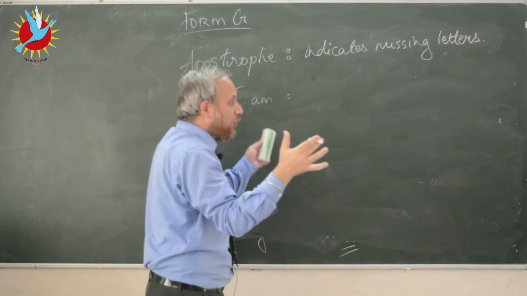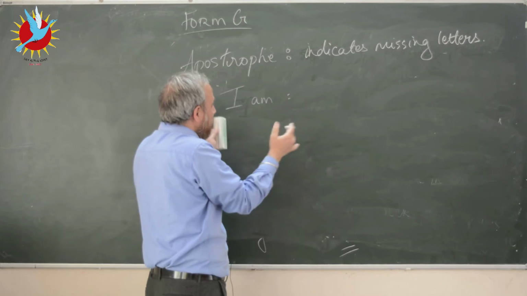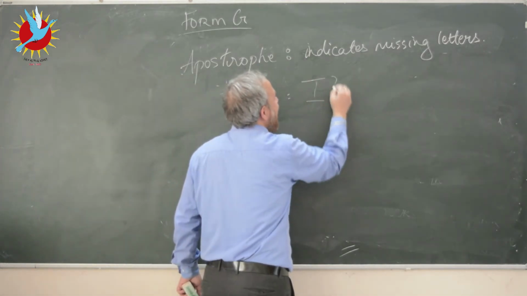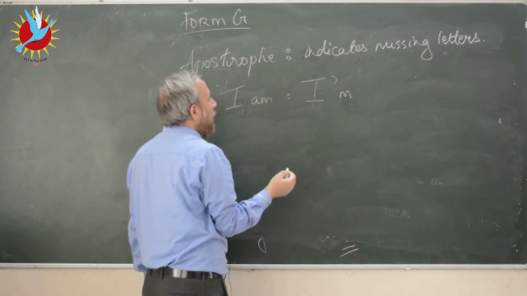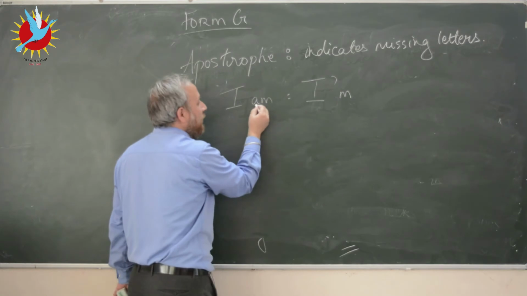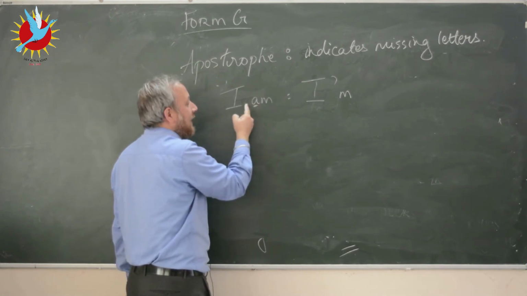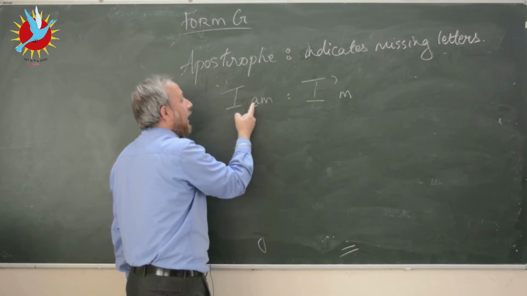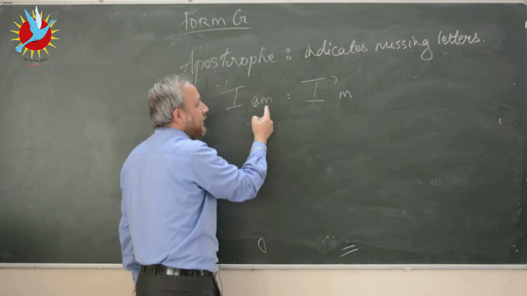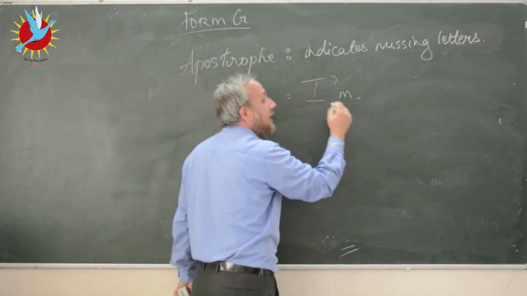If I want to contract or reduce it, I can write it like this, I'm. What I have done is I've used this apostrophe in place of the letter A. So when you come across this, how will you pronounce it? You will say I am.